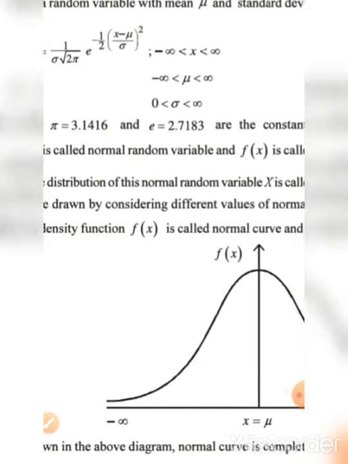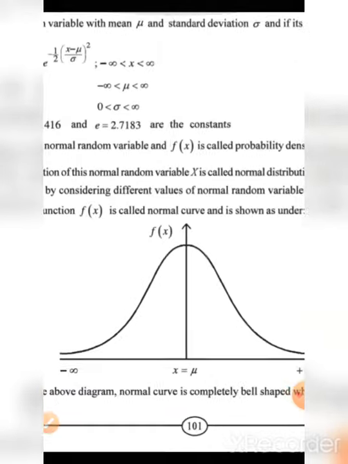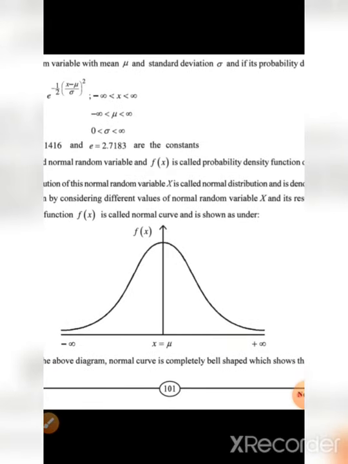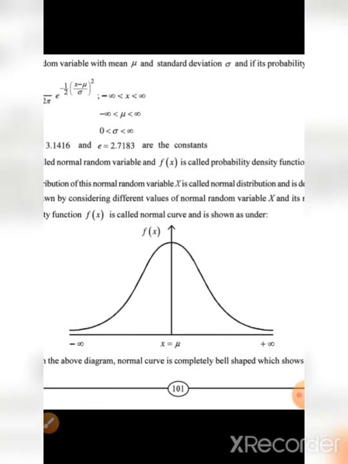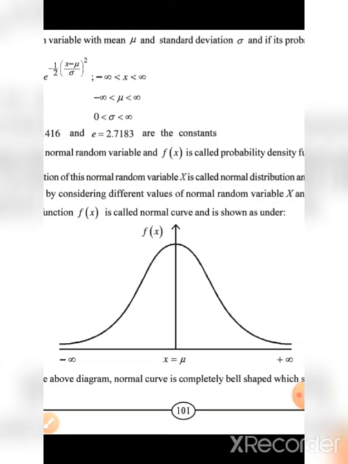Now if we move further, we talk about the probability density function f(x). How could this f(x) be drawn as a curve? This is how it could be drawn. The probability density function could be drawn with the help of the curve.